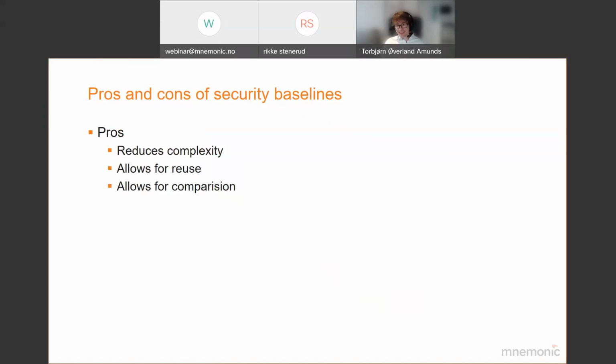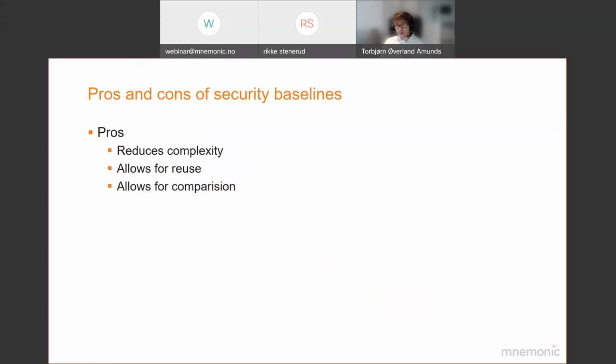So let's sidetrack a little bit. Assuming you have set all the right requirements, that doesn't necessarily mean that the third party will be able to fulfill them. But when you have baselines, especially if you're in a large company and you have many third parties, it allows you to make comparisons on a much larger scale than otherwise.